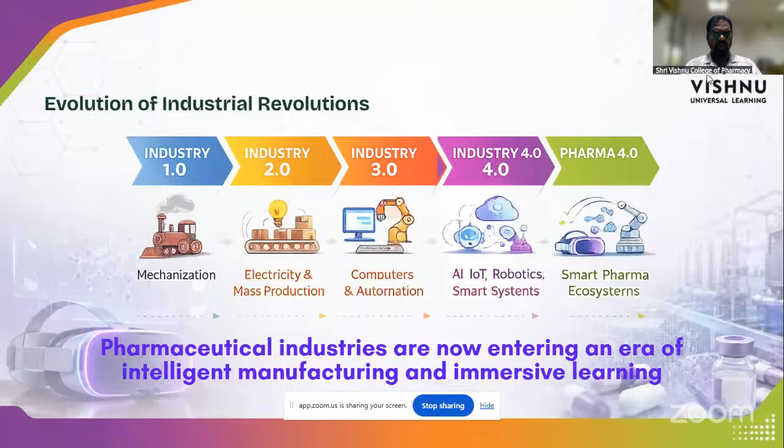Here is a brief overview of how industry has moved from 1.0, where mechanization was the primary thing, to 2.0, where electricity and mass production were majorly observed. In industry 3.0, computers and automation came into existence. Now we are in industry 4.0, where IoT, AI, and robotics play a major role in the manufacturing process. The same is the case in Pharma 4.0.